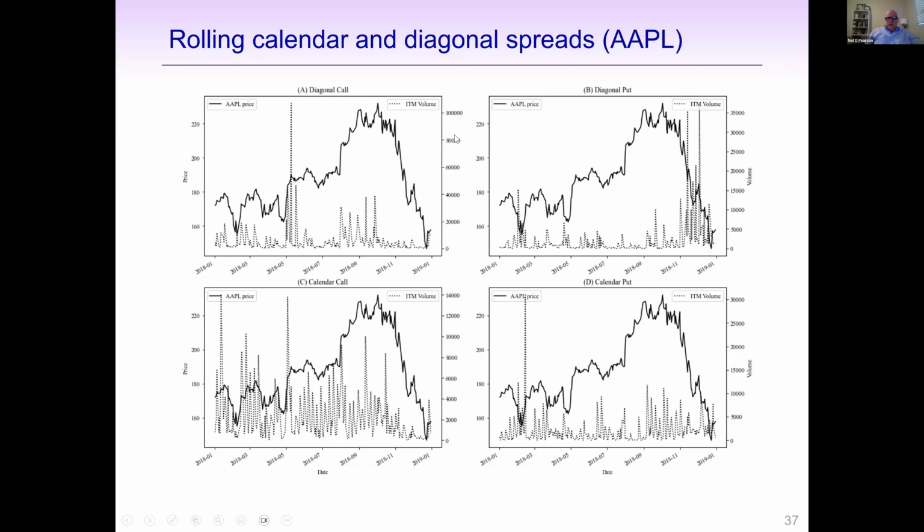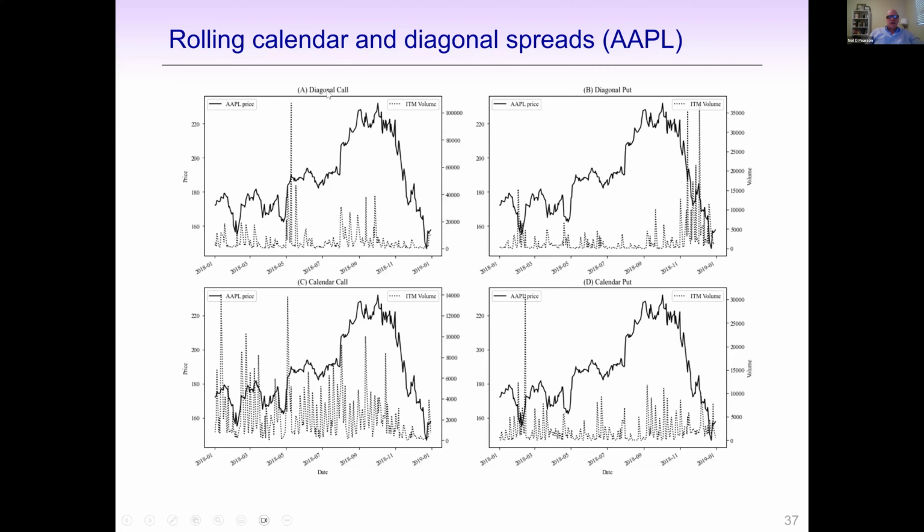When Apple has an extended decline, almost no trading in the money calendar spreads in calls. Apple goes up, almost no trading in the money calendar spreads in puts.